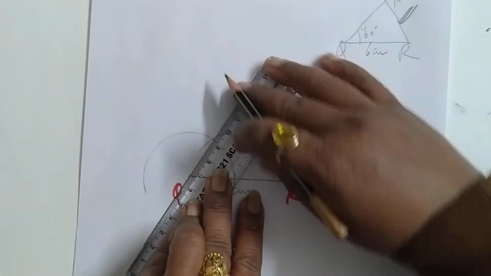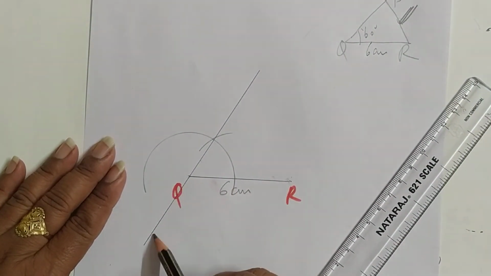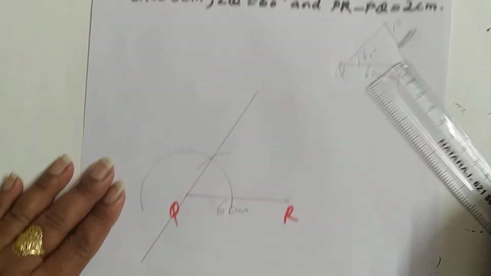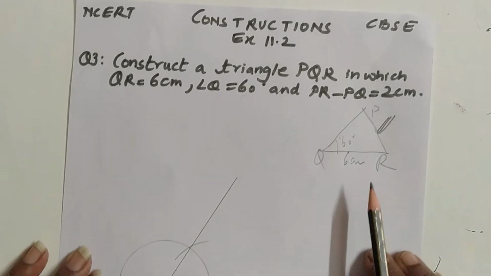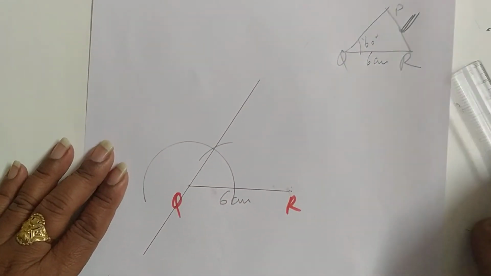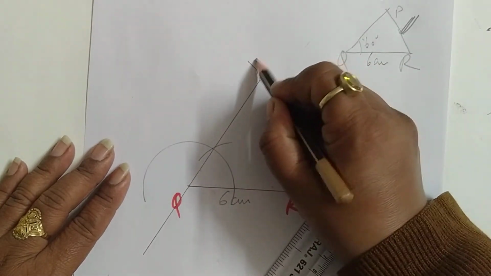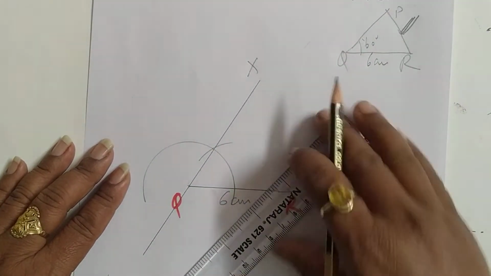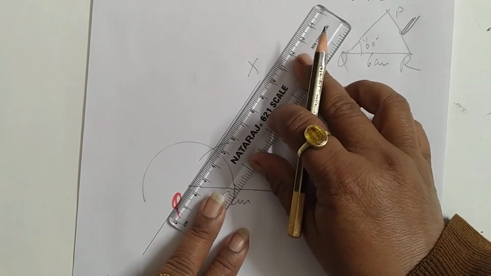Like this. So we have to extend this line below the baseline. That is the very important step. And because PR minus PQ is equal to 2 centimeter, here we are not going to mark above. Suppose this line is X, we will mark here below, that is below the baseline.